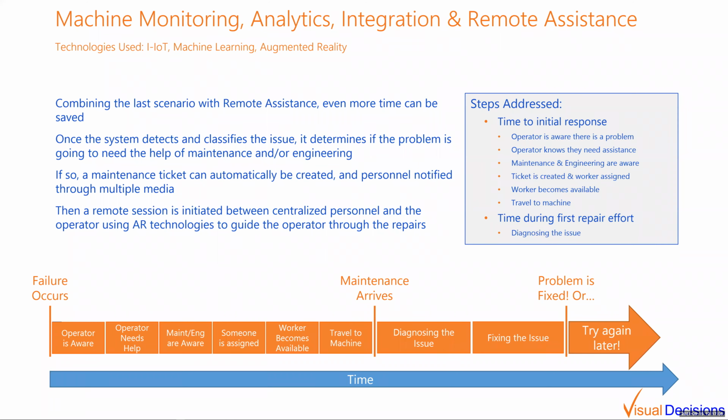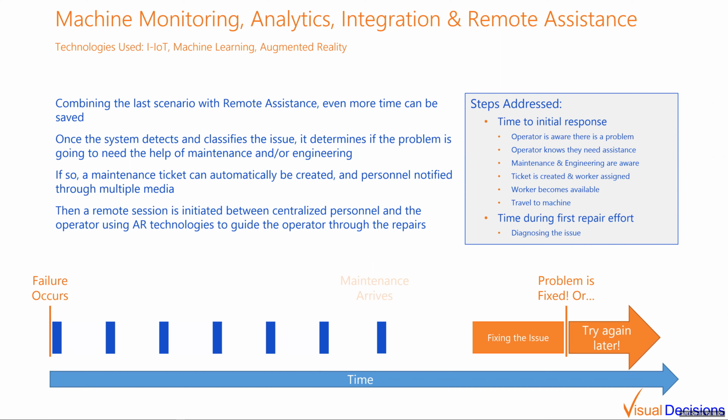And so, when this type of thing is possible, we can actually shorten every single part of the cycle, except for actually fixing the problem, which can be done, again, by the operator themselves with that remote assistance. So, in certain cases, we can dramatically decrease that time to repair.